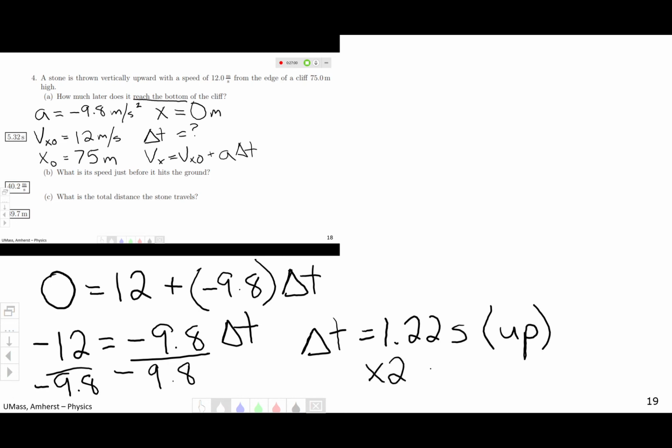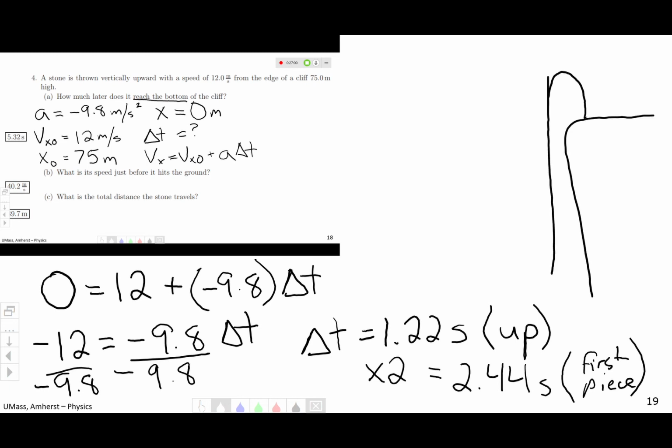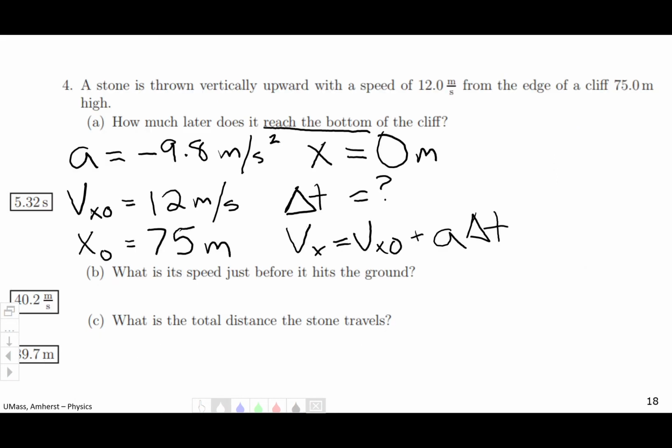Times 2 will equal 2.44 seconds for the first piece. Again, if this is our cliff, that is the up and down time before it reaches this point. So the first piece of the time is 2.44 seconds.